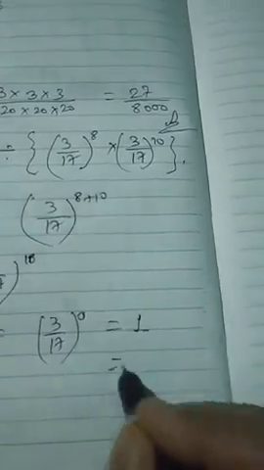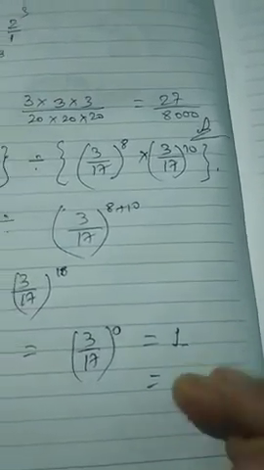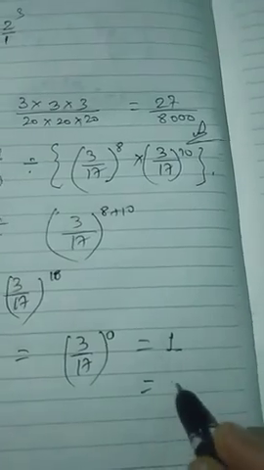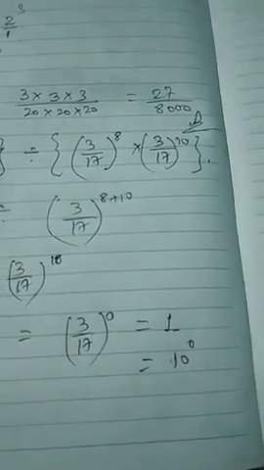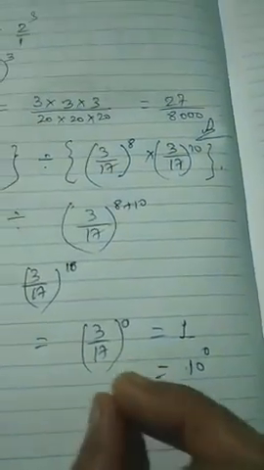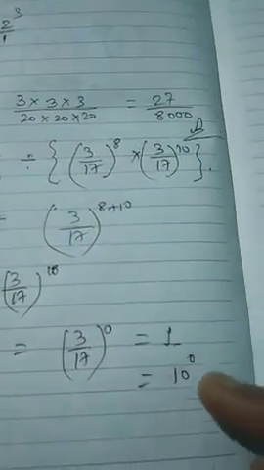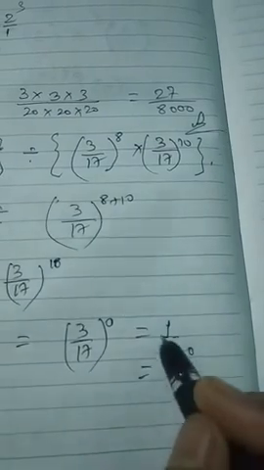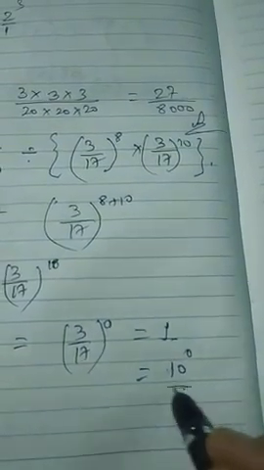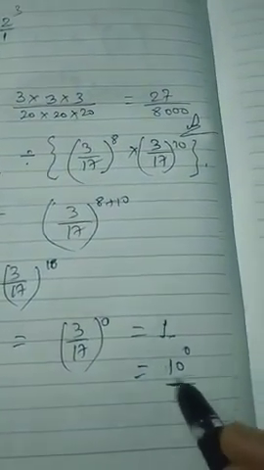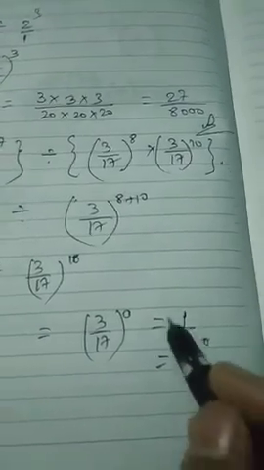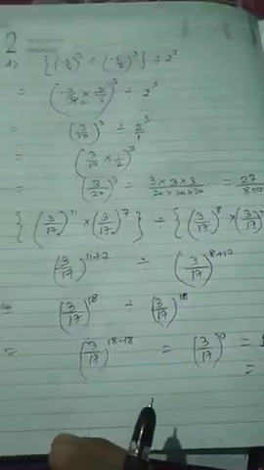And 1 we can again express as a power of 10. So for 1 we can write 10 to the power 0 also, because any number to the power 0 equals 1, as I told you. The answer is said to be expressed as a power of 10, that's why we can write it like this.